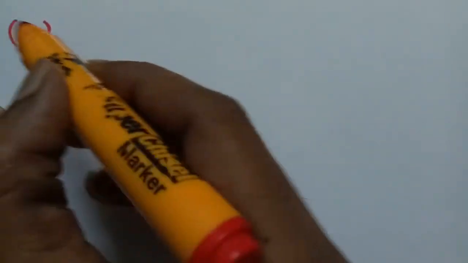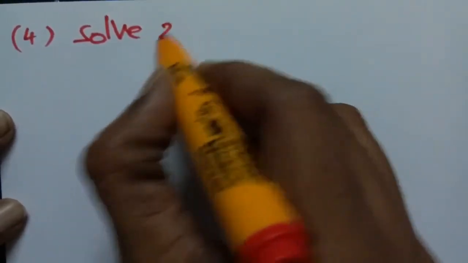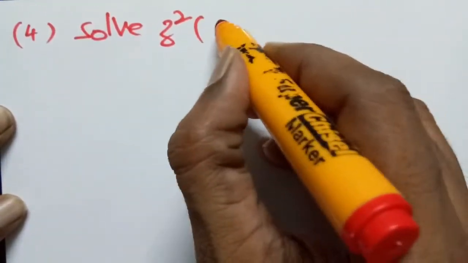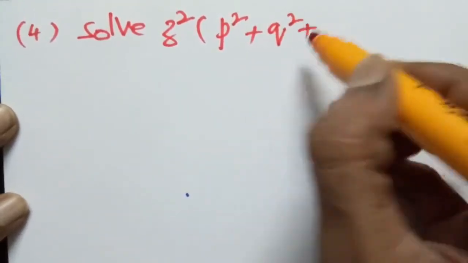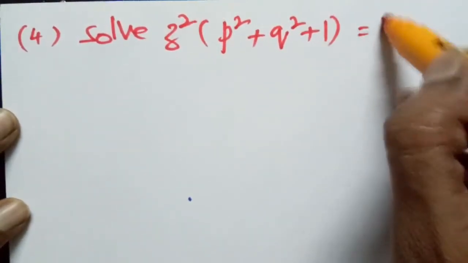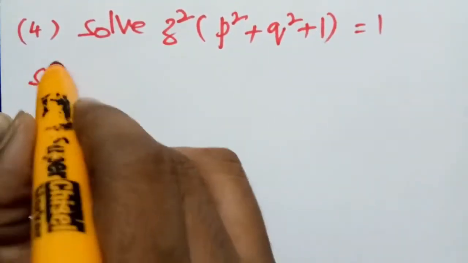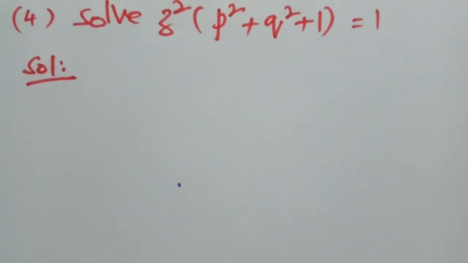Problem number 4. Solve z square into p square plus q square plus 1 is equal to 1. First write down the given equation.